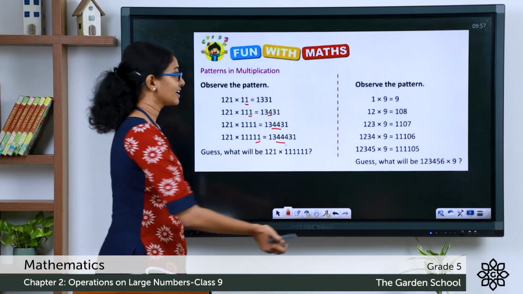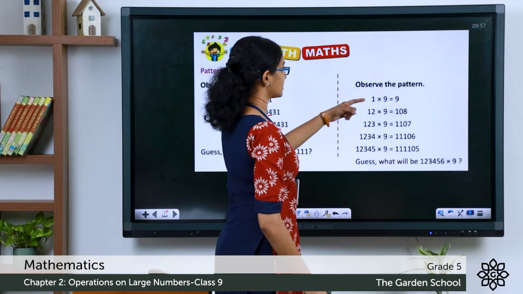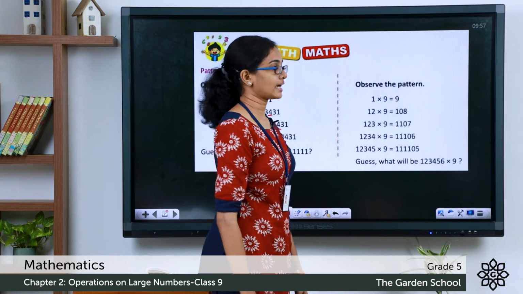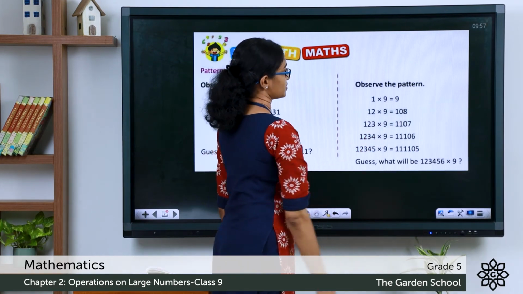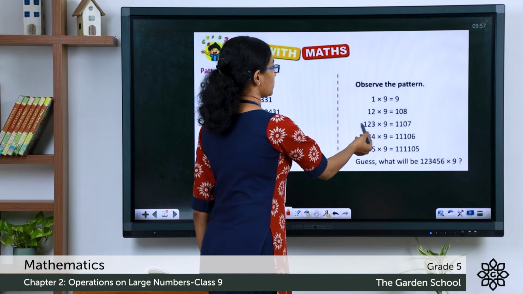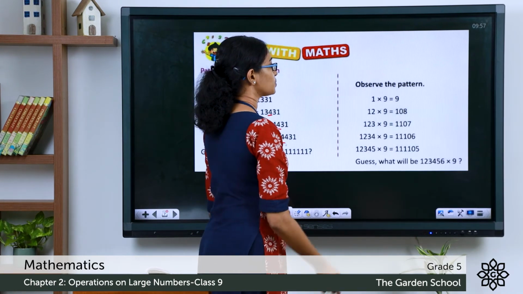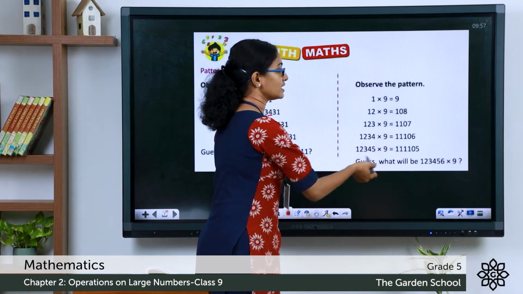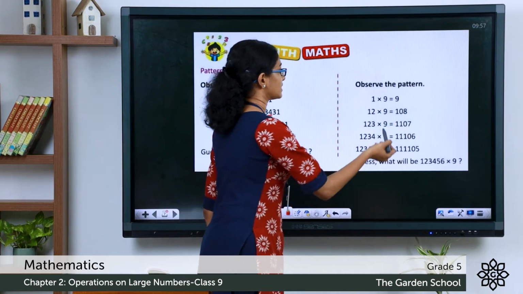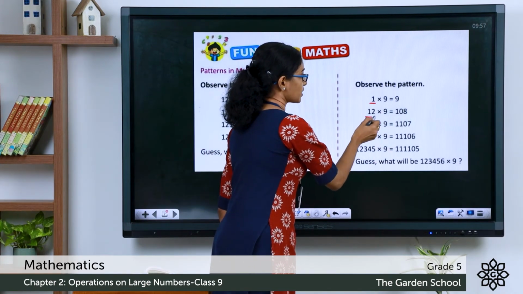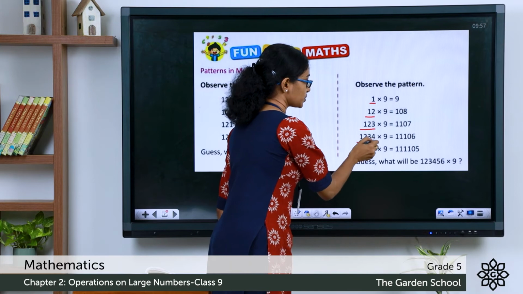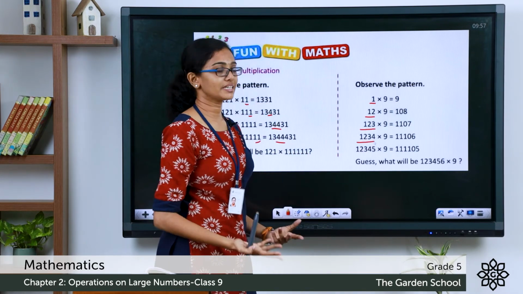Isn't that fun? Now, observe the pattern. Here, 1 into 9 equals 9. 12 into 9 equal to 108. 123 into 9 is equal to 1107. See, here also we can see a pattern. Here it is 1, here it is 1, 2, here is 1, 2, 3, 1, 2, 3, 4. The numbers are building up.